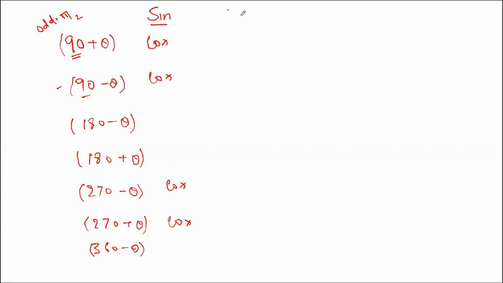cos will be changed to sine, right? And if tan is there, this tan will be changed to cot, in all the cases when there is 90 plus or minus theta, right? And sec or cosec will be changed to each other.